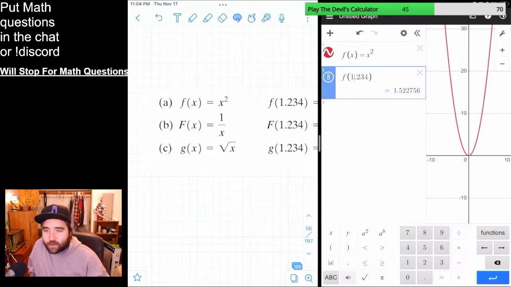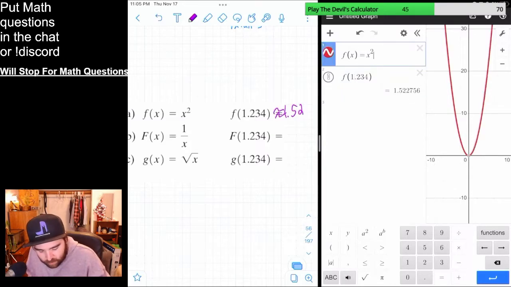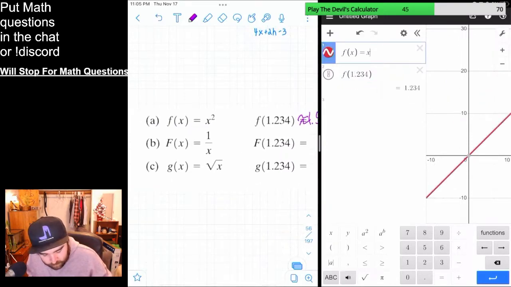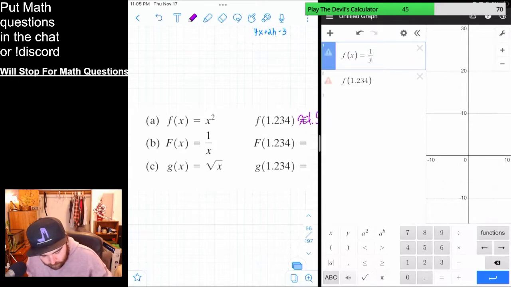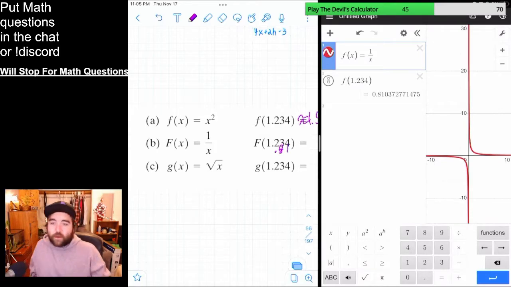Plus, since we want to do the same input, we could write this down, like, okay, this is 1.52-ish. And then we could change this function and say, well, now we want the function as 1 over x. And you see that just changes our output for us too, because we changed the function.